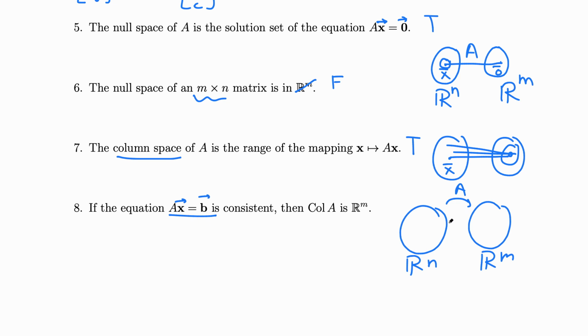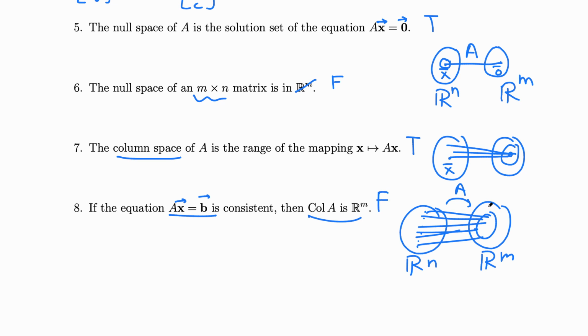Column space means all the outputs that x's are mapped to. But this b could be outside, anywhere. When it is consistent, that does not mean the column space of A is the whole thing. No, that's false.